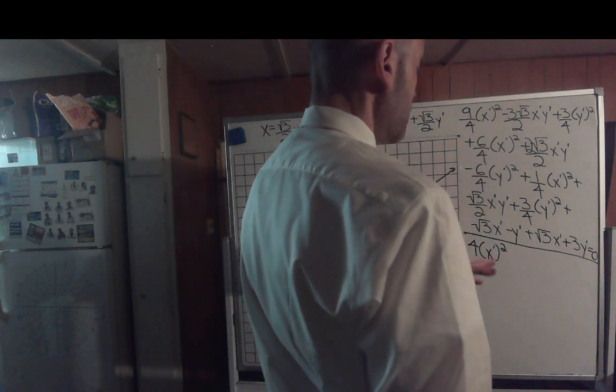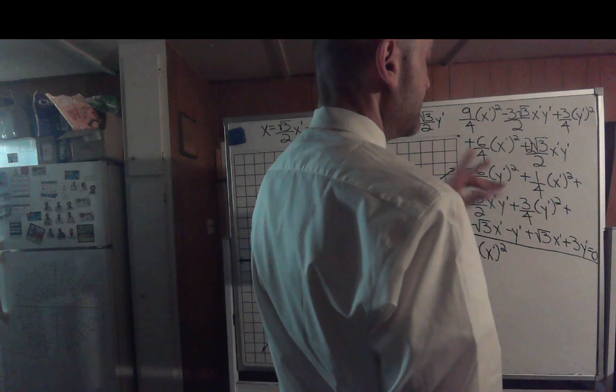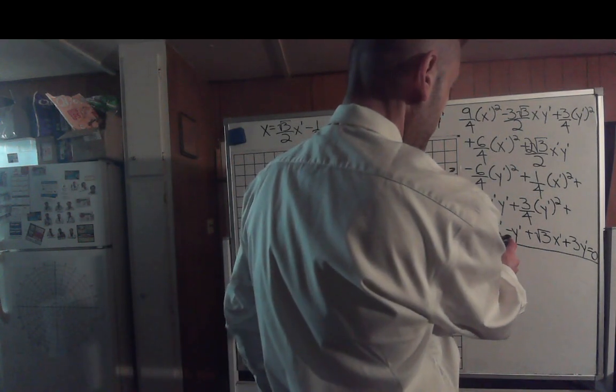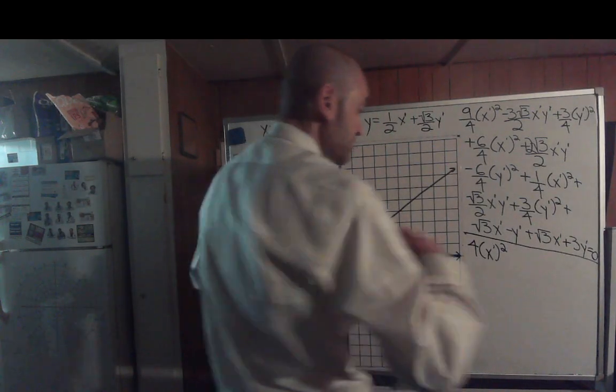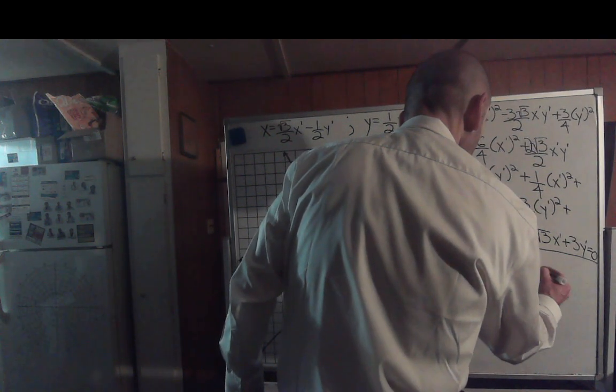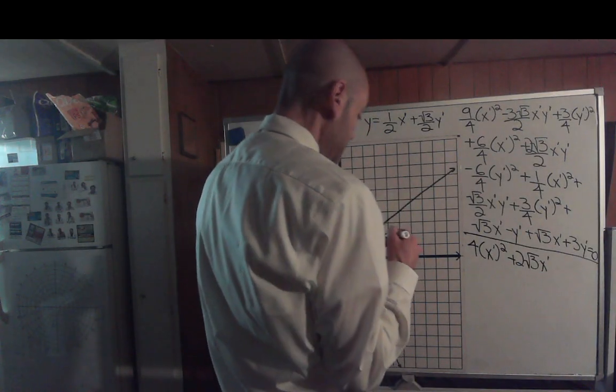So now let's go right away for just the single x primes. And you just have square root of 3 plus square root of 3, so you'll end up having plus 2 times the square root of 3 x prime. And then what about your y primes?